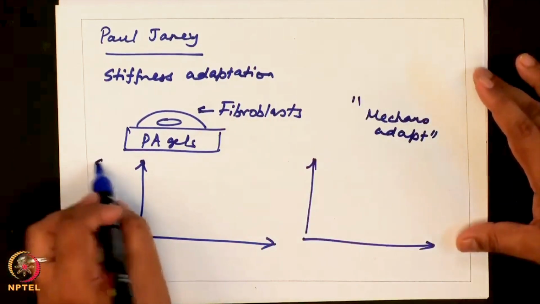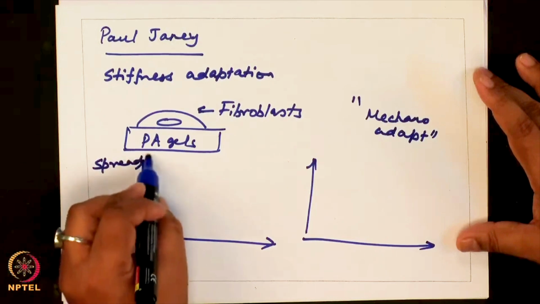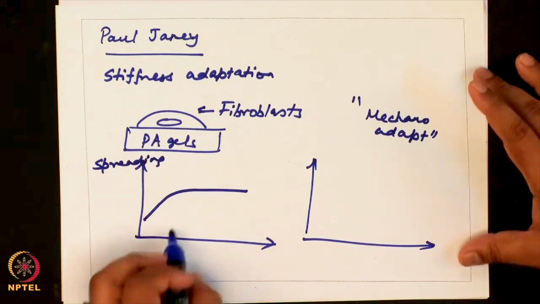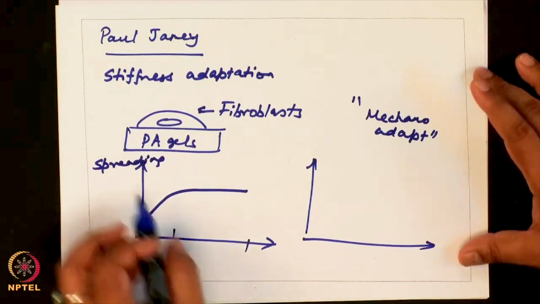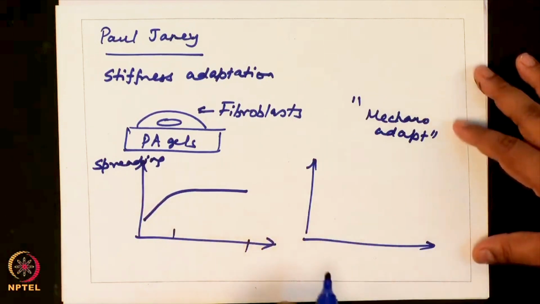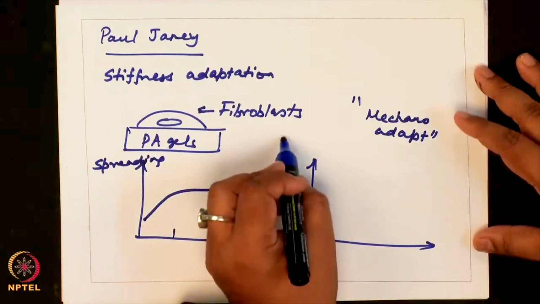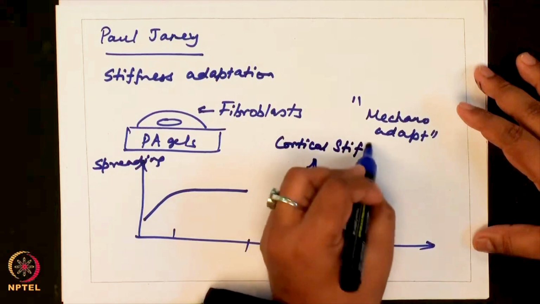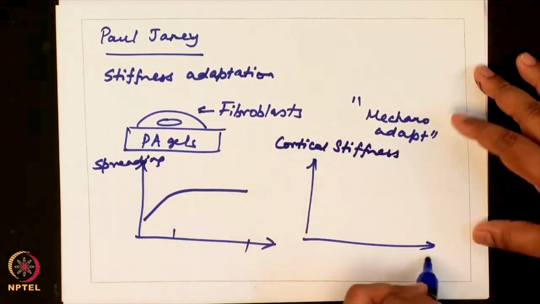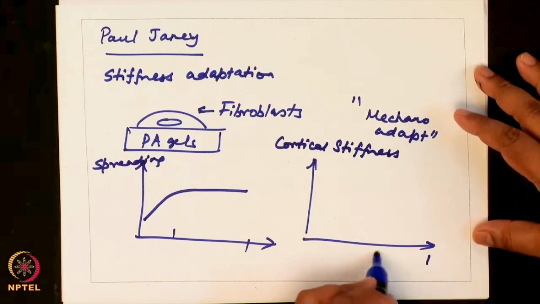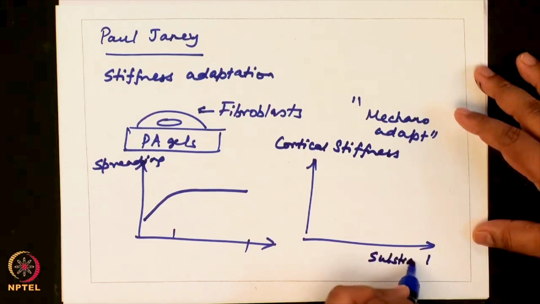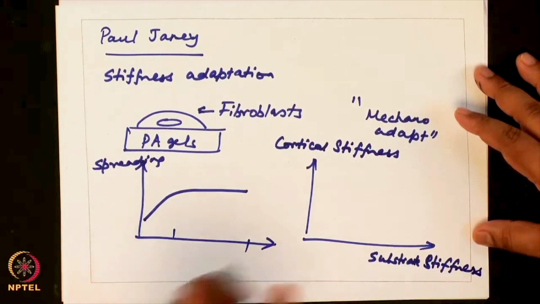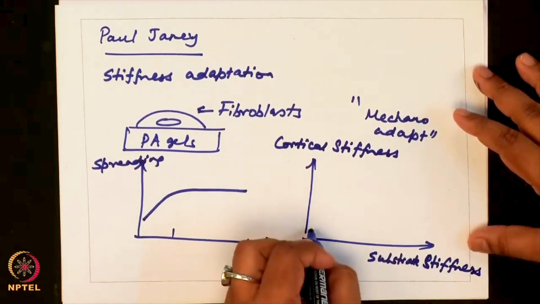In terms of spreading, cells will exhibit a profile where beyond a certain stiffness, spreading will remain unchanged. He measured the cortical stiffness as a function of substrate stiffness, and he found a curve.